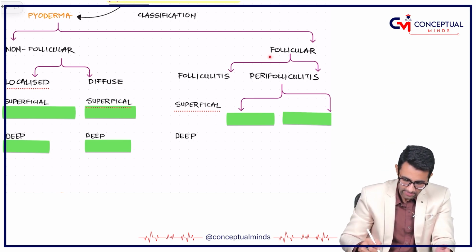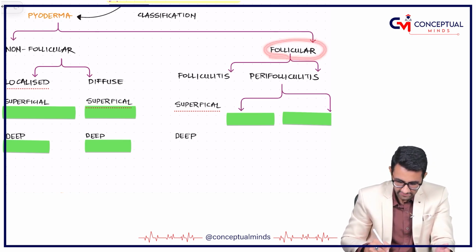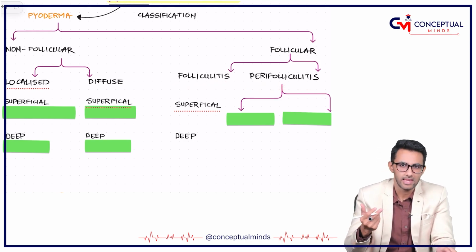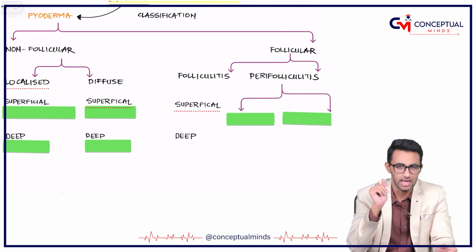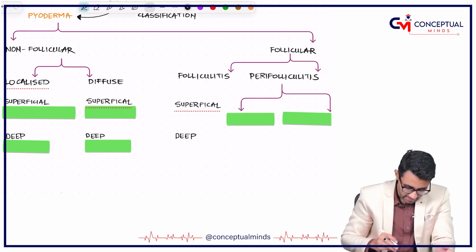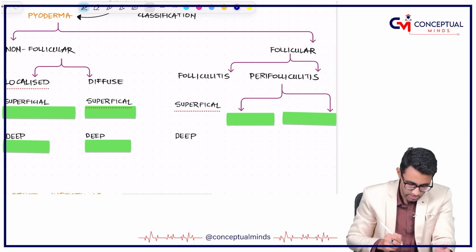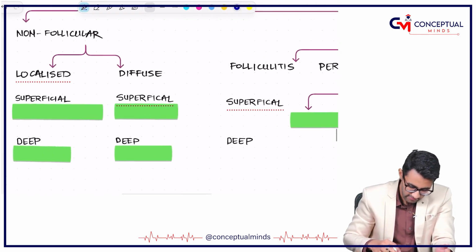Okay, and on the other side, the follicular side, we have folliculitis, infection in the hair, right, and the perifolliculitis around it as well, which involves the hair as well. Okay, so coming on to the very bottom one, the localized superficial one. So the first one we will be discussing.